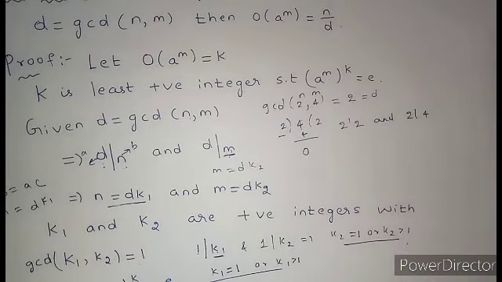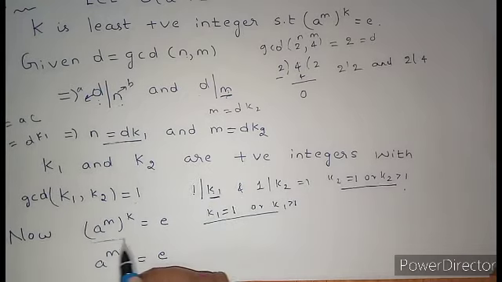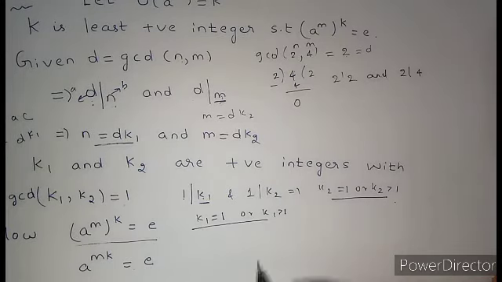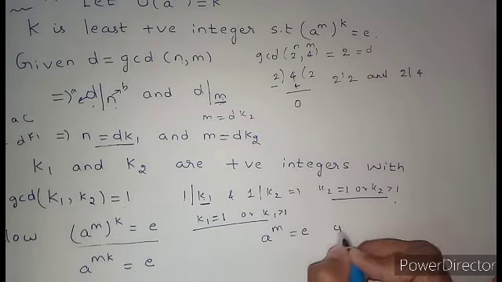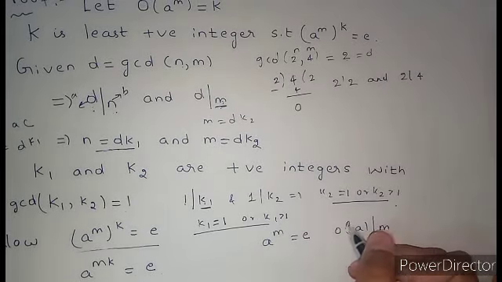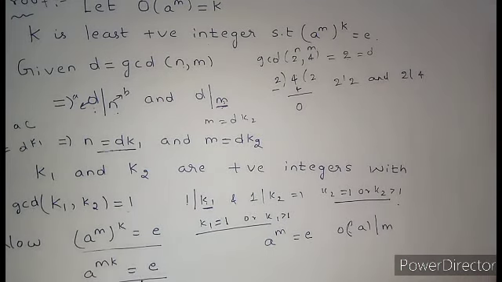Next, we have assumed that the order of a power m is k. So (a^m)^k is e. Now combine this: a^(mk) is equal to e. In the previous theorem, I explained that if a^m is equal to e, then the order of a divides m. Likewise, here a^(mk) is equal to e.